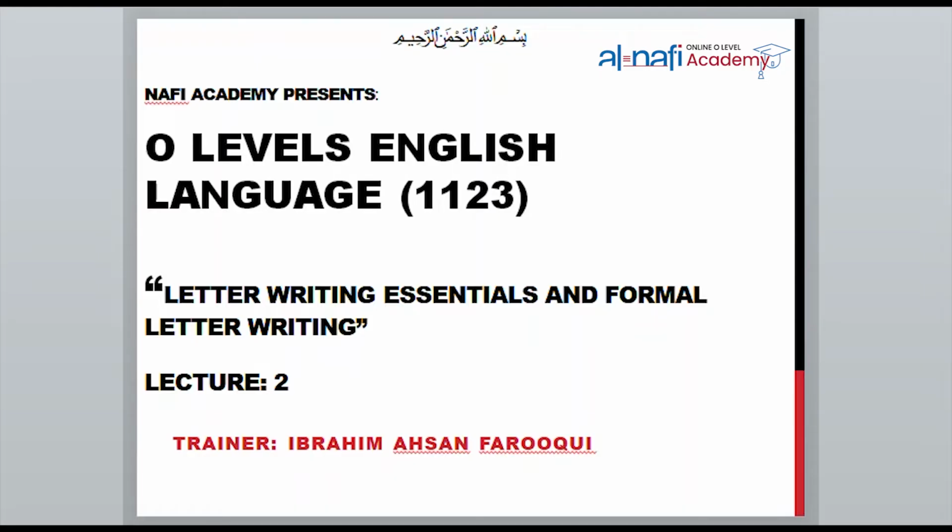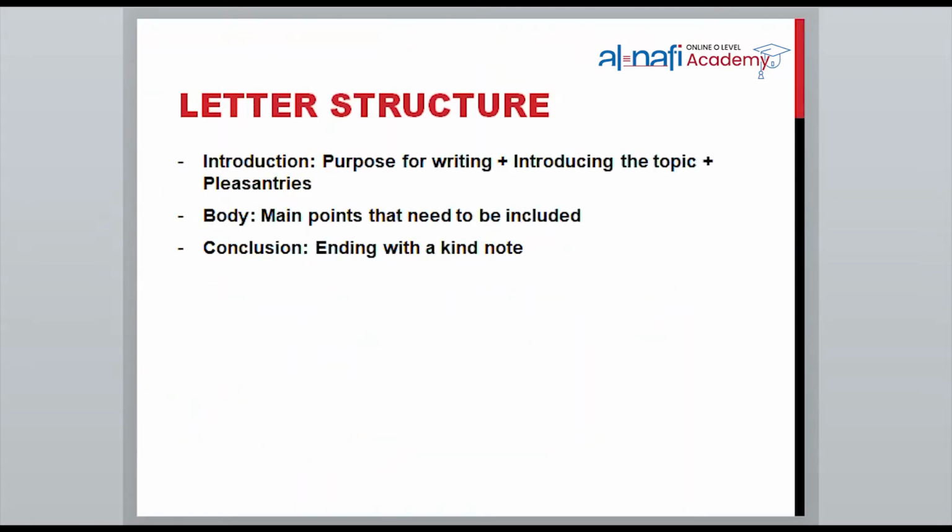Now, when it comes to letter writing, we should be aware that letters are generally divided into two types: formal and informal. Formal letters are those that are addressed to a stranger perhaps, or a respected member of the family, an elder in the family perhaps, or to a company and perhaps an organization.